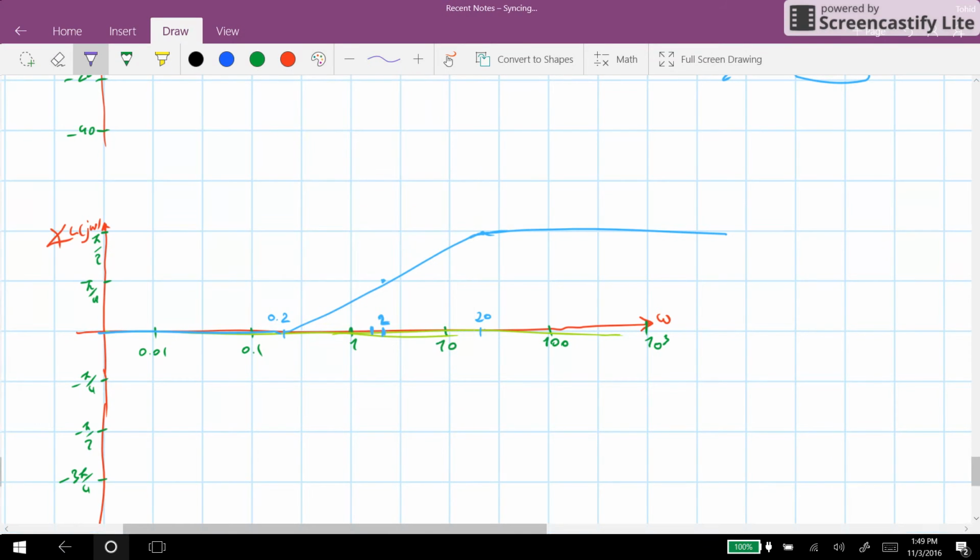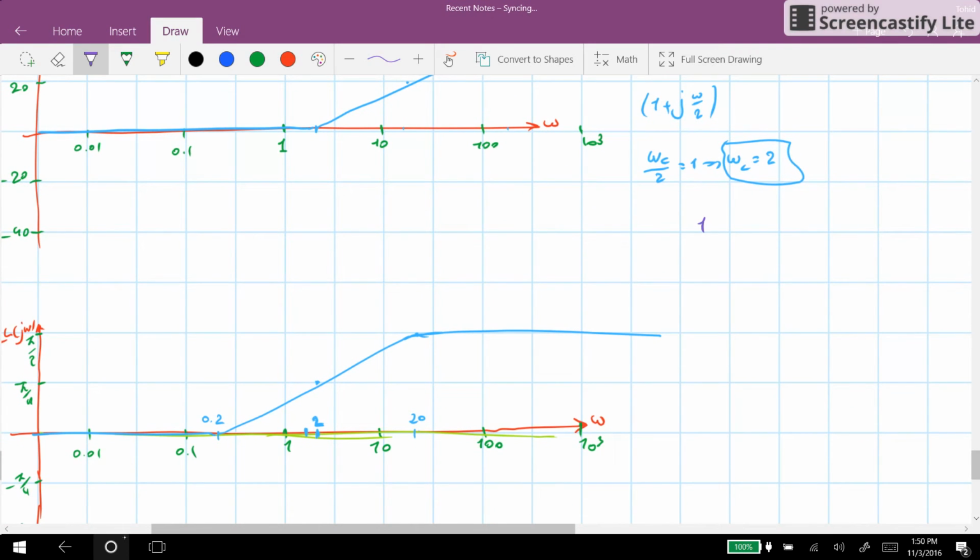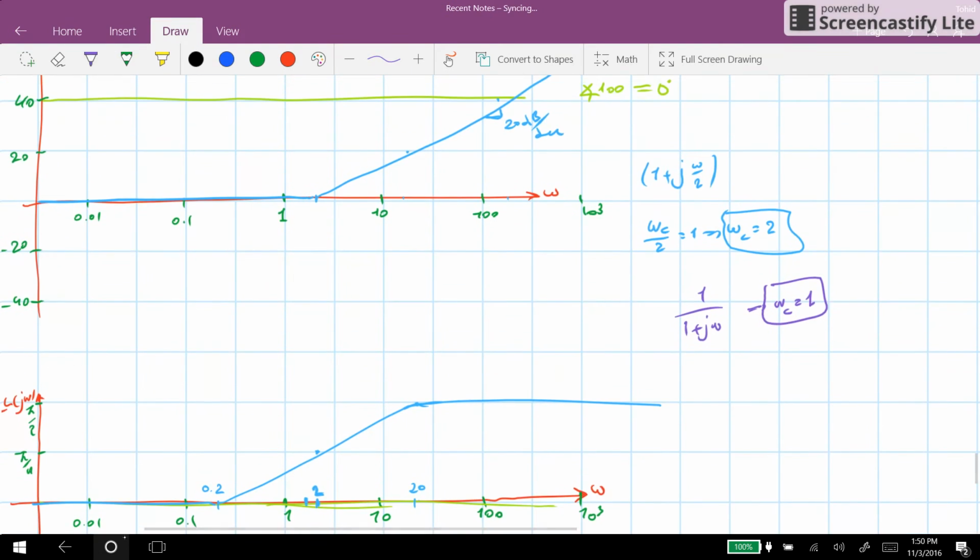Then let's check out the next component, which is 1 over (1 + jω), for which the corner frequency is equal to 1. Therefore, until that frequency, we will have 0 in terms of amplitude, and afterwards we will have minus 20 decibel per decade.